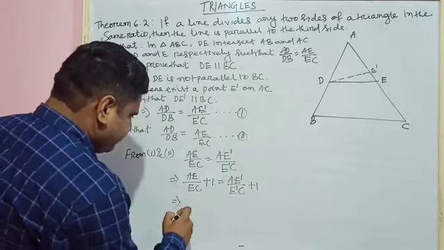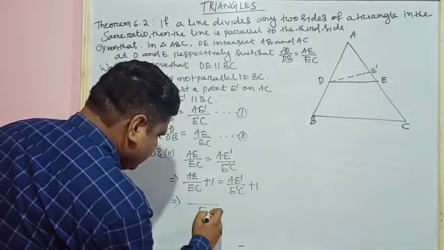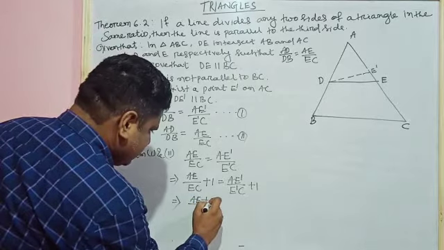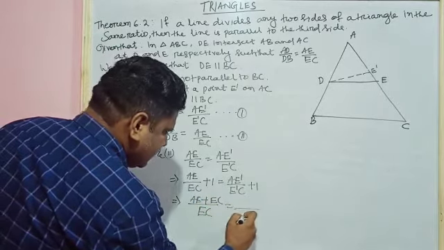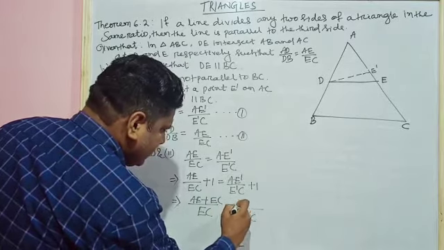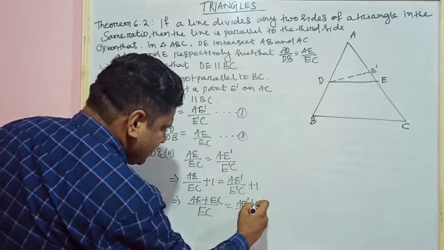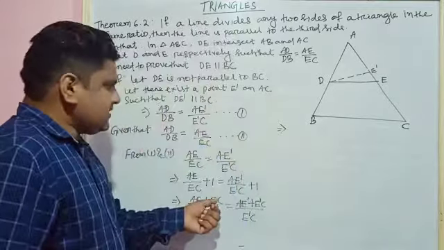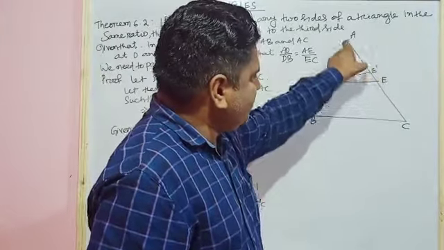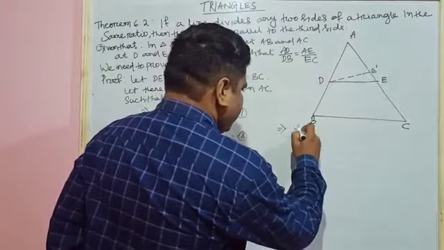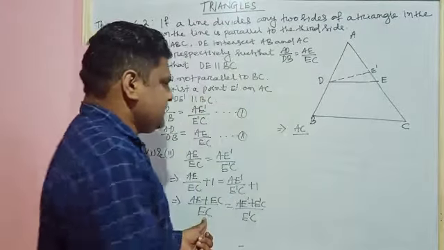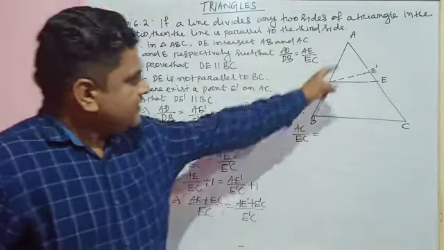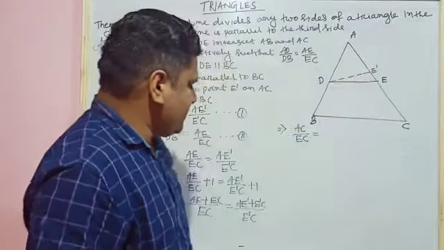Next, EC will be the LCM, and AE plus EC, and AE dash plus E dash C. This implies that AE plus EC will be AC, so AC by EC is equal to AE dash plus E dash C, which will also be AC by E dash C.